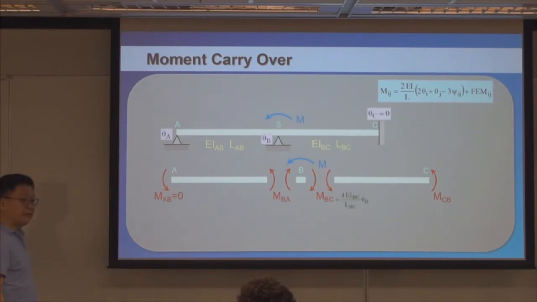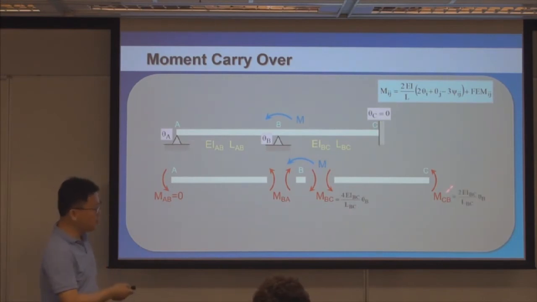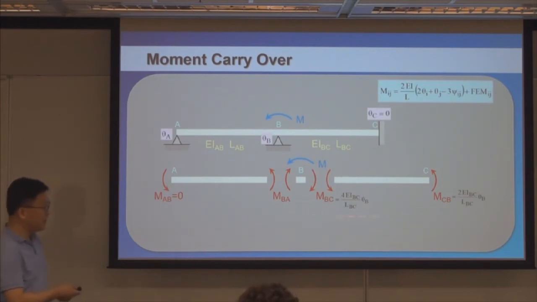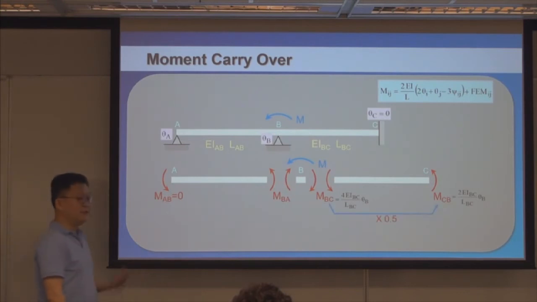Indeed, they are related. If you go back to the previous slides, MBC is 4EI over L times theta B. MCB is 2EI over L times theta B. So you can see that one is 4EI over L, the other is 2EI over L. They are related by a coefficient, 0.5.